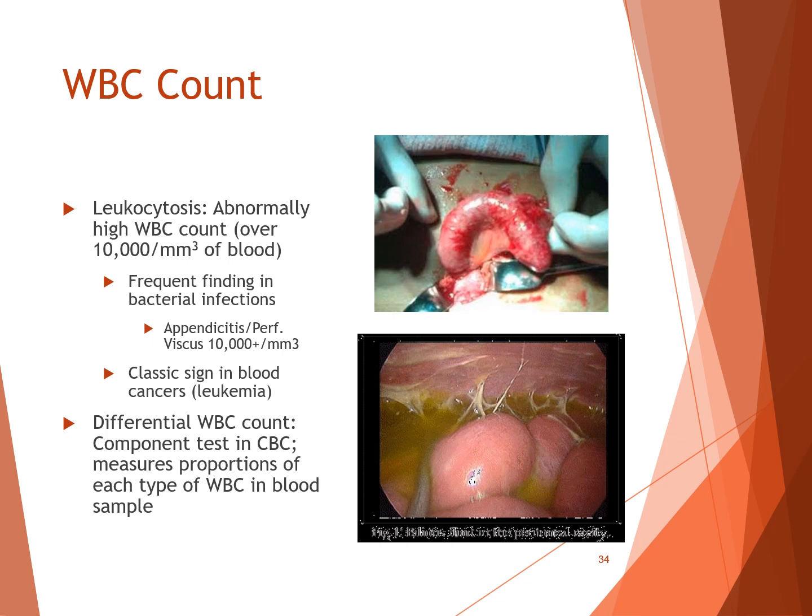A good example is sometimes when an individual is infected with a parasite, we will see an increase in eosinophils, which specialize in defending parasites. So that could clue us in to a proper diagnosis.